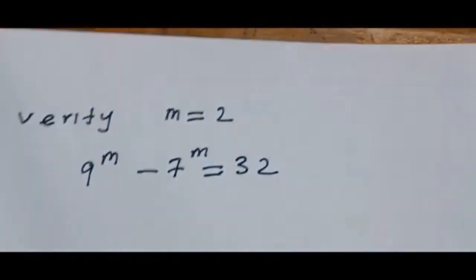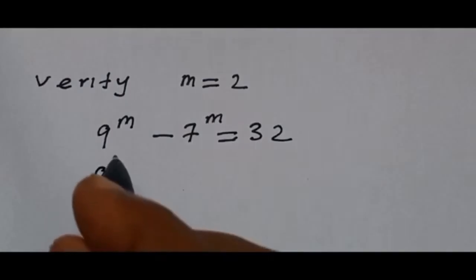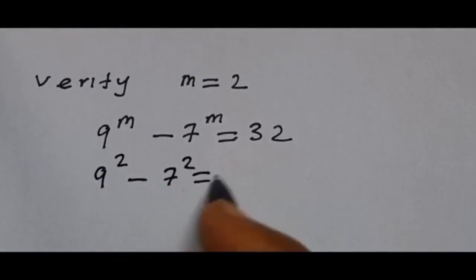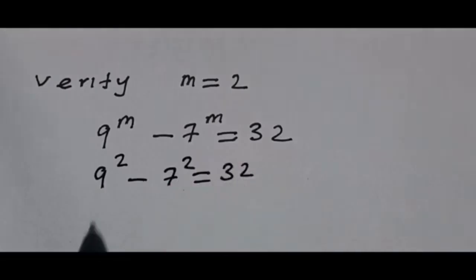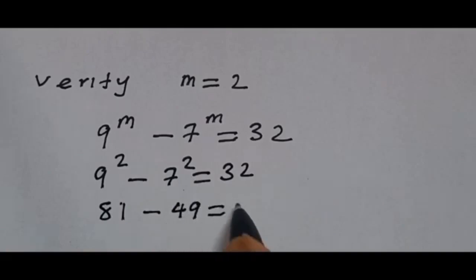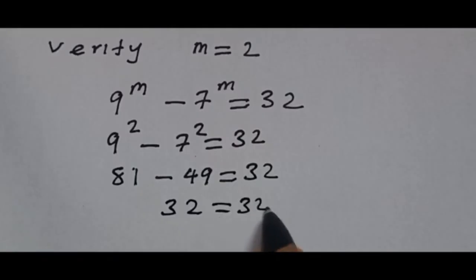In our case here, we have 9 raised to power 2 minus 7 raised to power 2 equals 32. 9 times 9, this is 81, minus 7 times 7, this is 49, is equal to 32. 81 minus 49, the answer is 32, which is equal to 32.